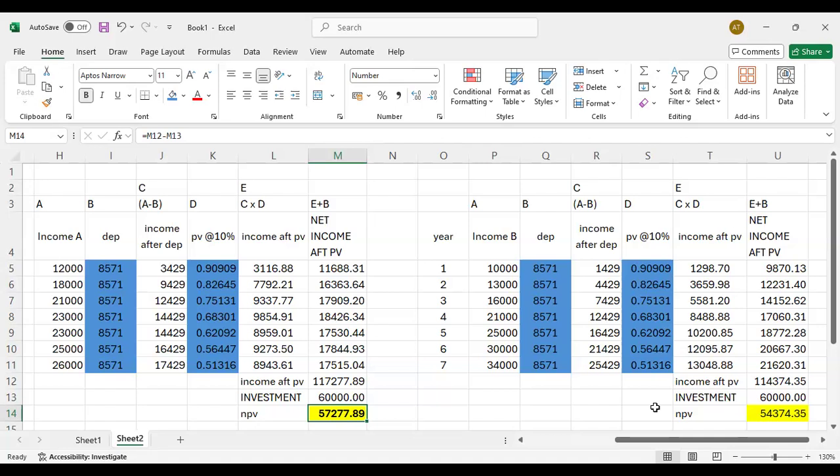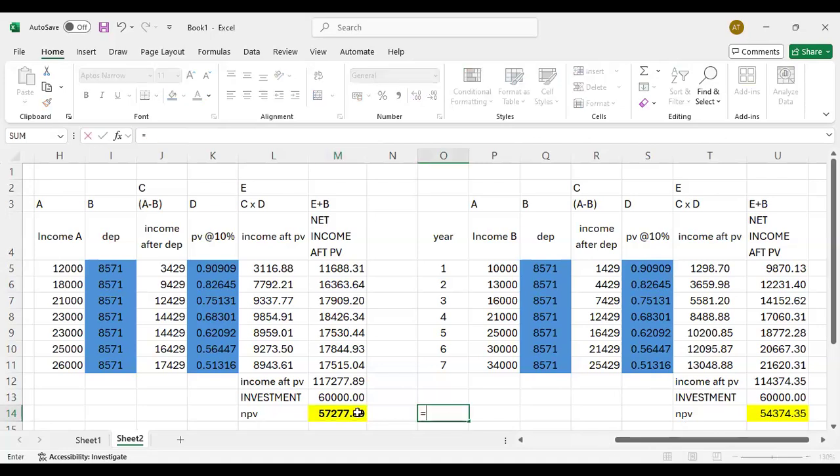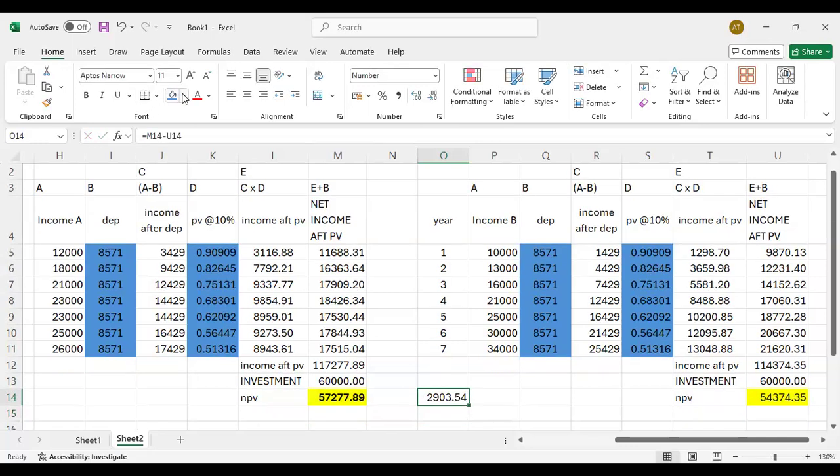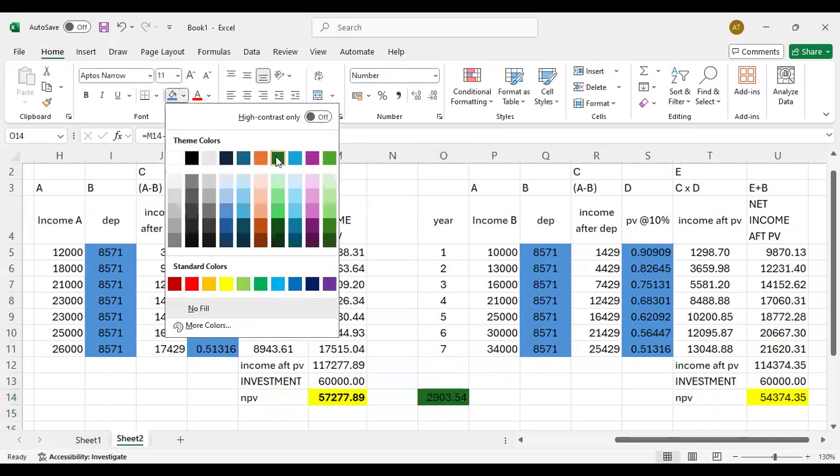So if I want to choose at the rate of 10%, then I find that project A has better returns and it will be more profitable. So project A minus project B: project A has more returns of 2,903.